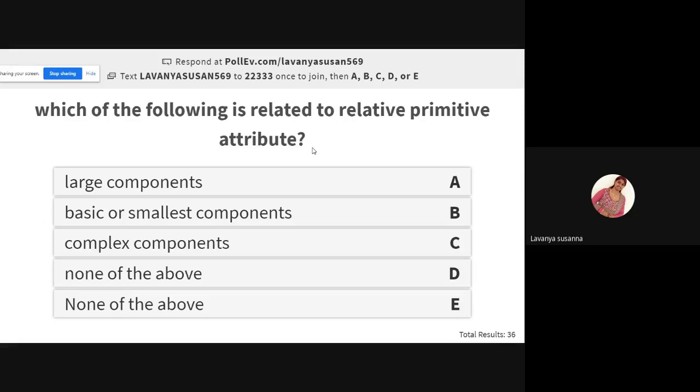Please stop responding. All the students stop responding. Don't click the answer. I'm showing the results.